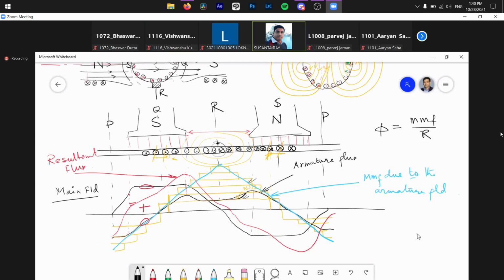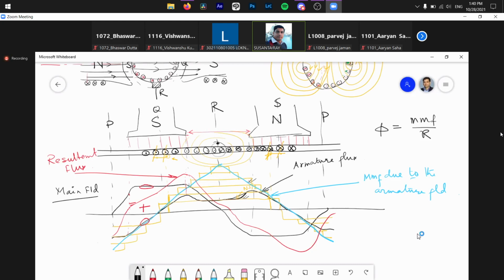Okay. Anyway, then we'll discuss the different effects of this armature reaction. You can also observe from this figure what observations we can make.